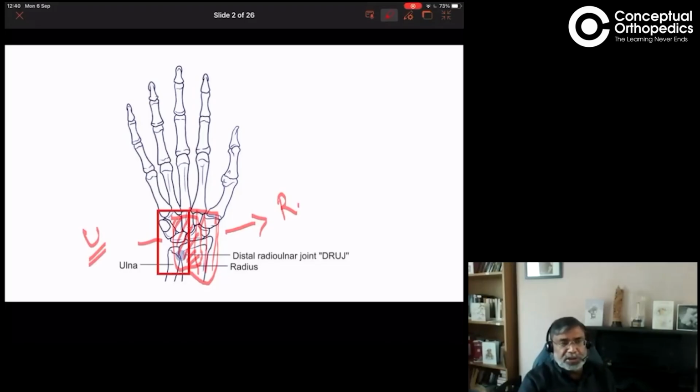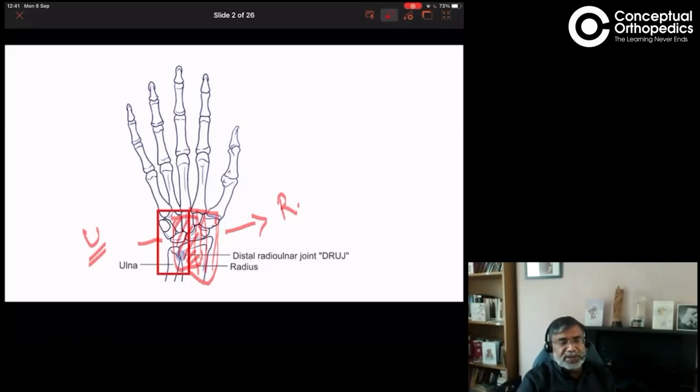So if you got a TFCC pathology, it could be that it is because of the long ulna, or if TFCC pathology is there, it could be main presenting feature, maybe a distal radial ulnar joint instability. And if there's distal radial ulnar joint instability, it may be causing extensor carpi ulnaris tenosynovitis or subluxation, and they all can be interlinked.